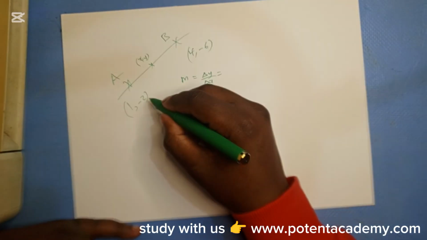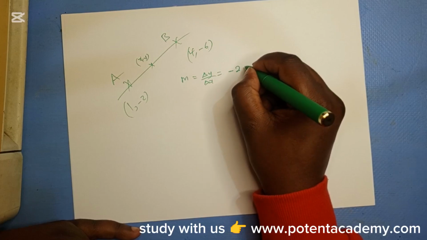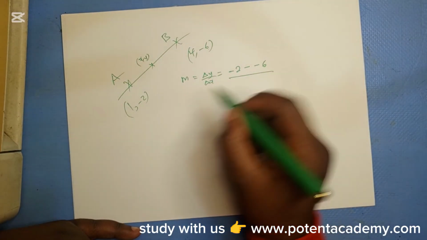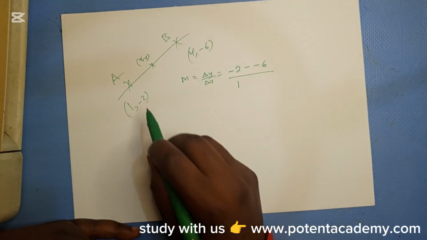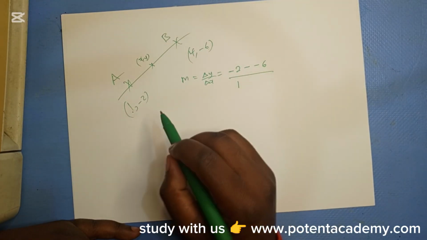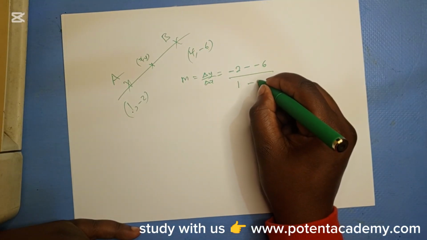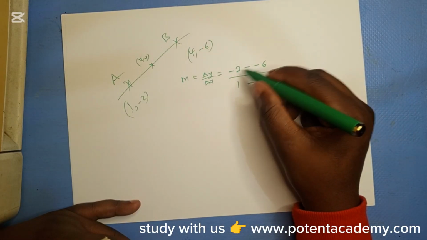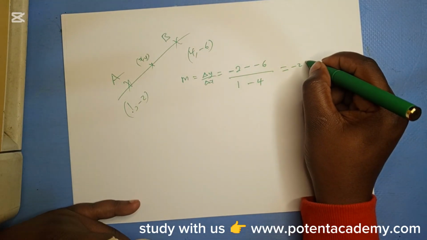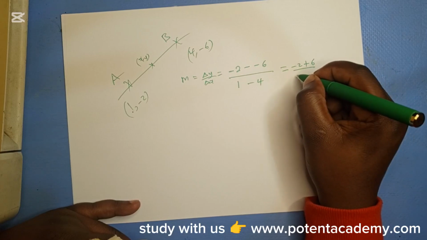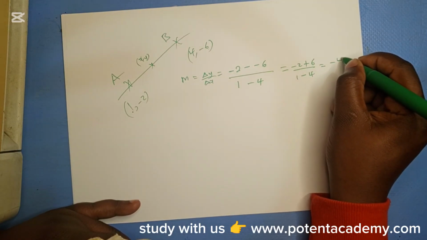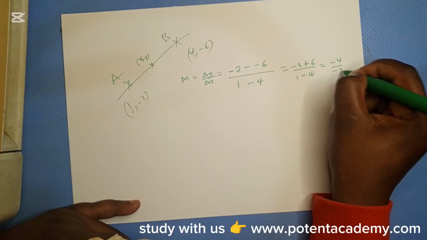You can start with either, you can say negative 2 minus negative 6 over 1 minus 4. Sorry, so here you have negative 2 plus 6 over 1 minus 4.